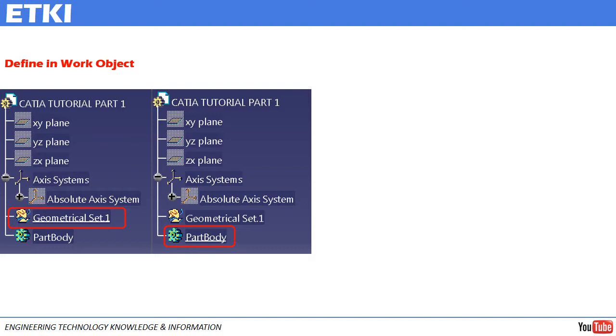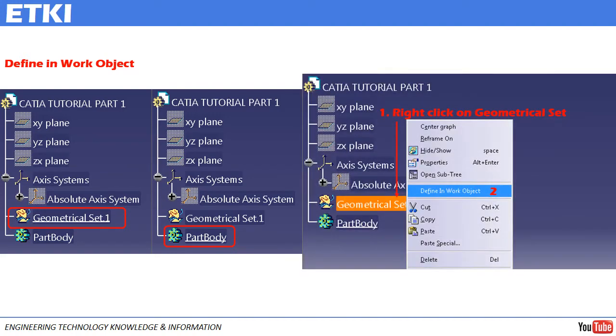How to shift this between geometrical set and part body? Let's see. Right click on the geometrical set and say define in work object. So by doing this, you are defining where you are going to work. You are going to work under the geometrical set section, or you are going to work in the part body section. This you will come to know when we are moving ahead.